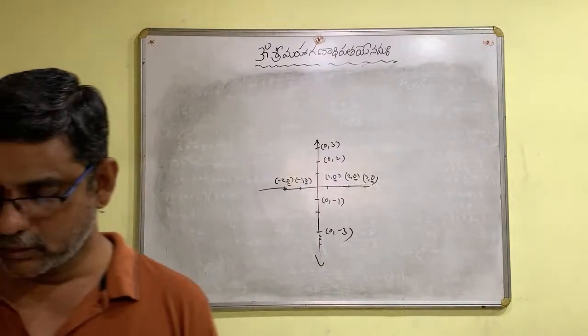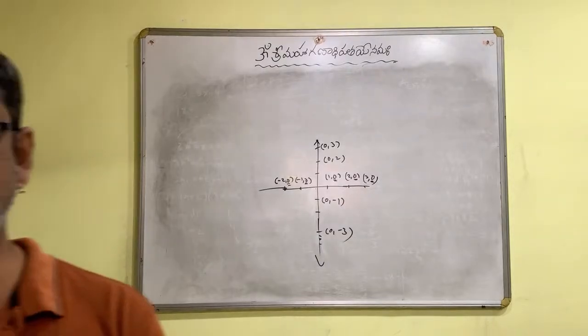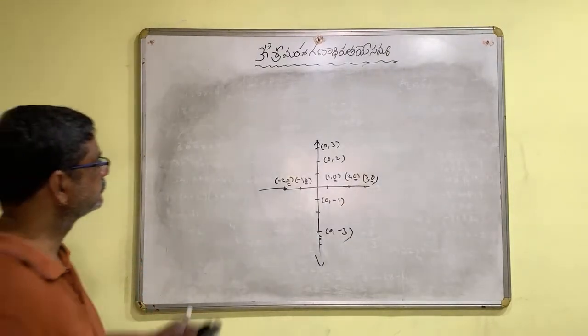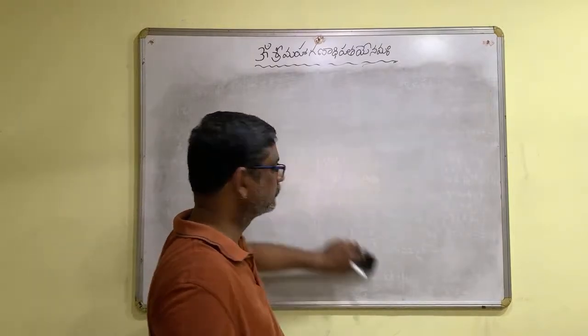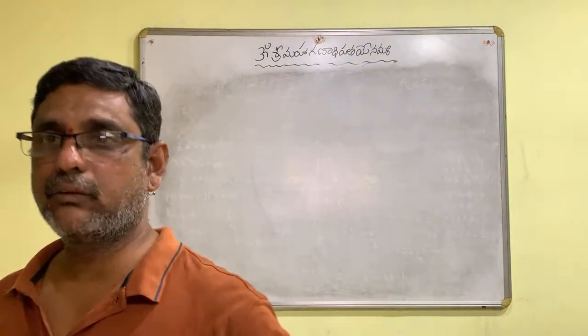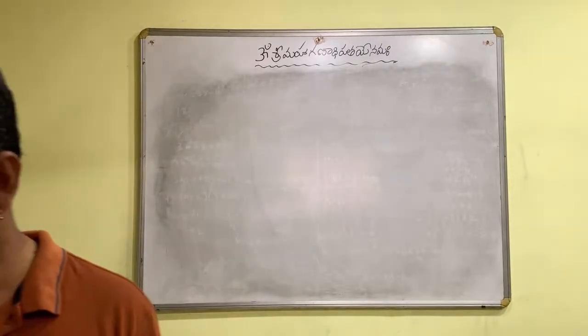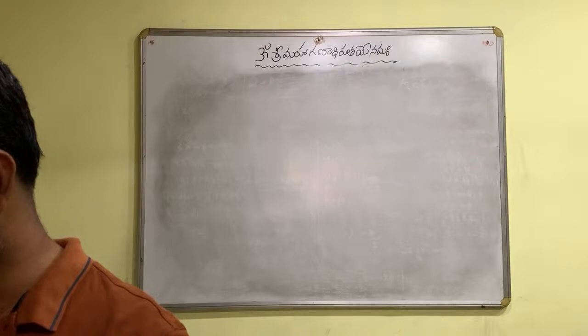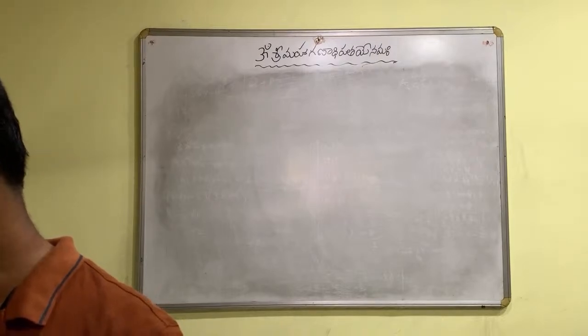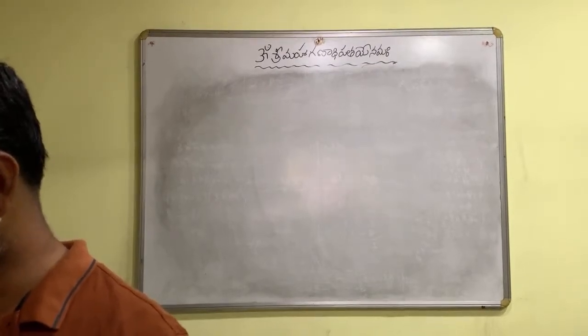Now, see the 13th question, children. 0 comma 0, 3 comma 0, 3 comma 4, 0 comma 4 are 4 given points.